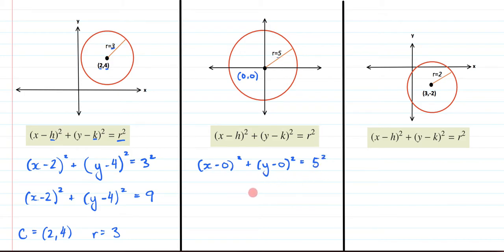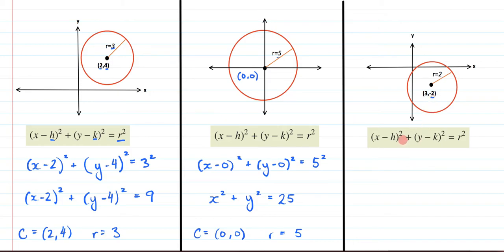A better way to write this is simply x² + y² = 25. My center is going to be (0, 0), and my radius is simply going to be the square root of that value, which is 5. Let's move on to our next one.